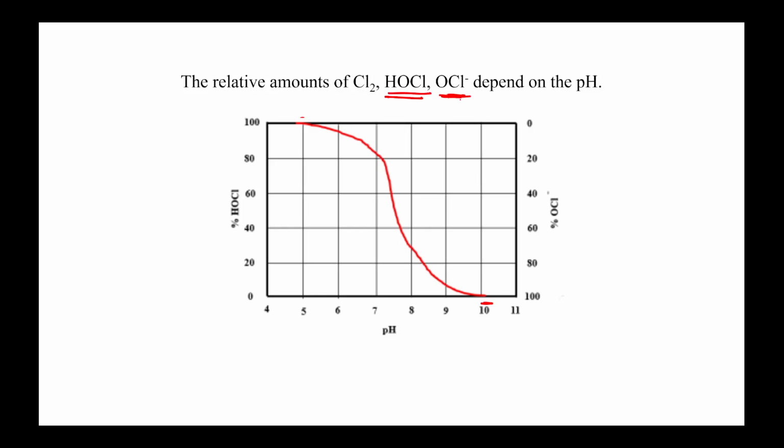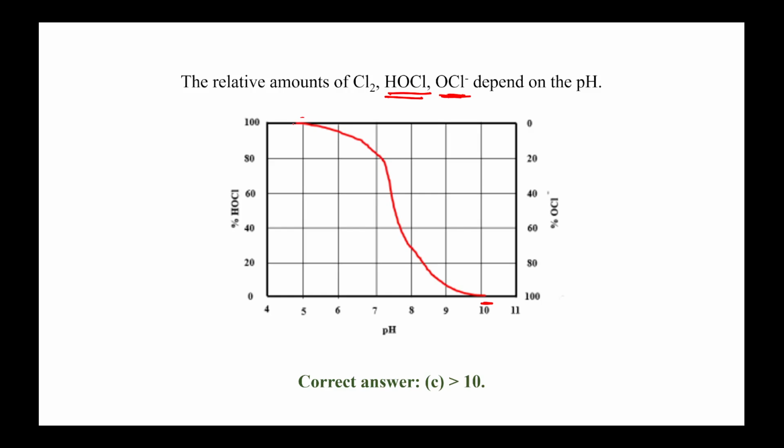So the relative amounts of HOCl and OCl minus depend on pH. If the pH of the solution is less than 5, then HOCl will be there predominantly. And if the pH of the solution is more than 10, then OCl minus will be there. So the correct answer is more than 10. Is this graph clear to everyone? The percentage of HOCl and OCl minus is relative and depends on pH.